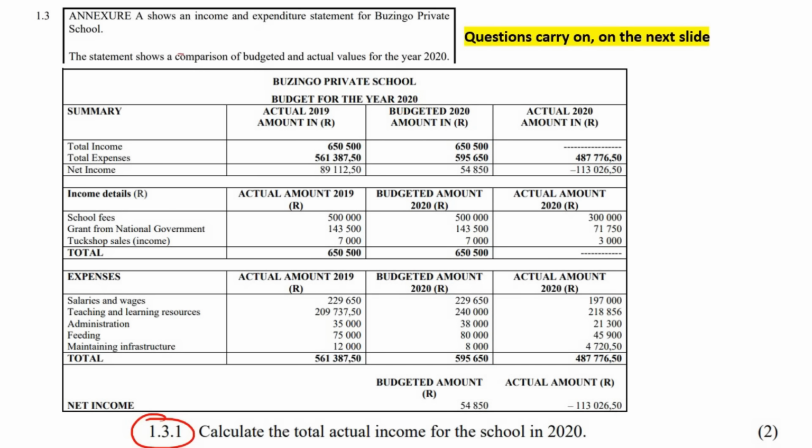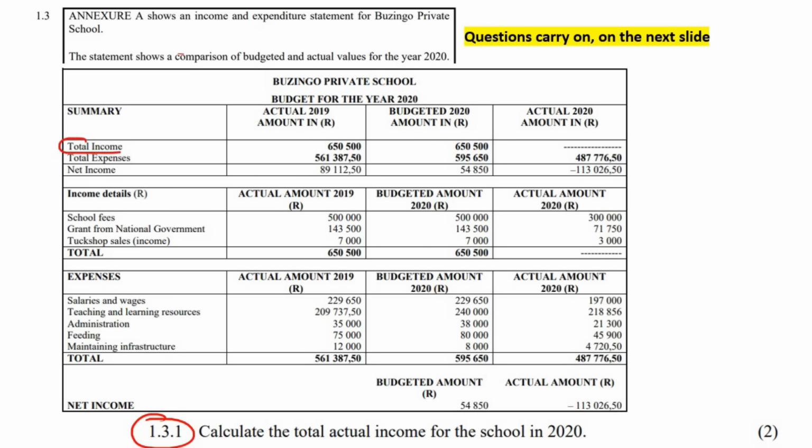Calculate the total actual income for the school in 2020. Oh, okay, so I guess it's the total actual income. So they're wanting us to find this value over here. Well, the way that it works is if you look carefully, let's just look at this as an example.